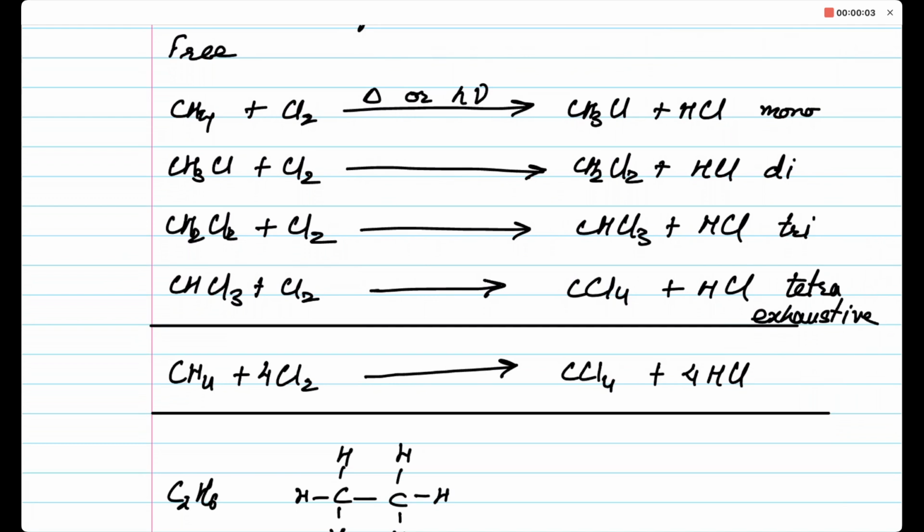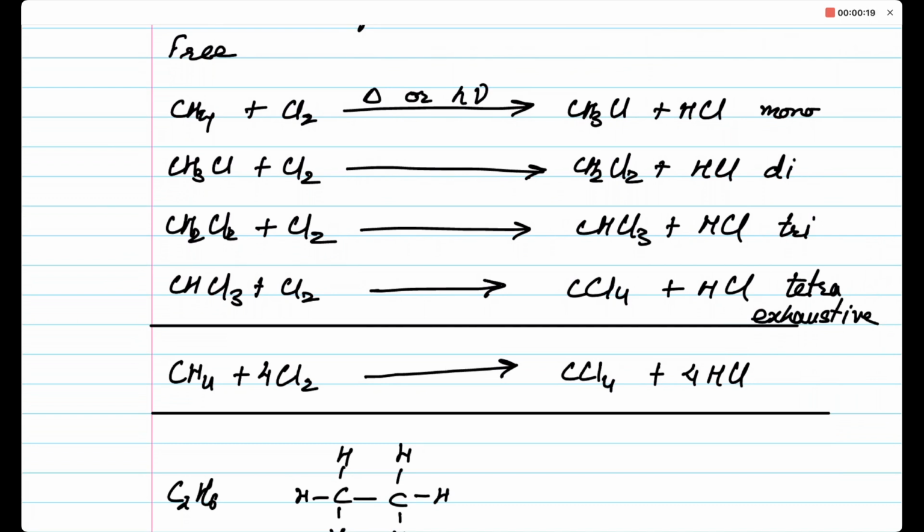While we were doing this reaction, that is the free radical halogenation of methane, there we can have a specific question. That is, what would be the condition to obtain CH3Cl as the major product?